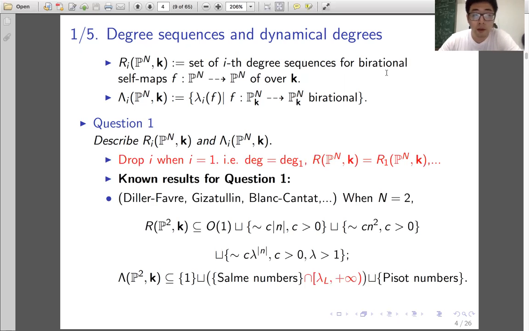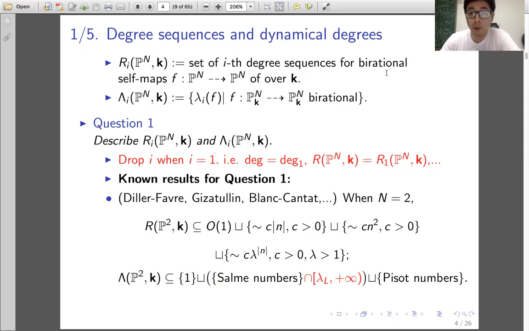Okay, here are some known results for this question. I think we know quite a lot in the surface case due to the work of Diller-Favre, Gizatullin, Blanc-Cantat, and many people.